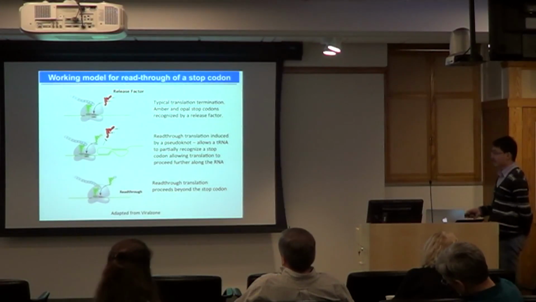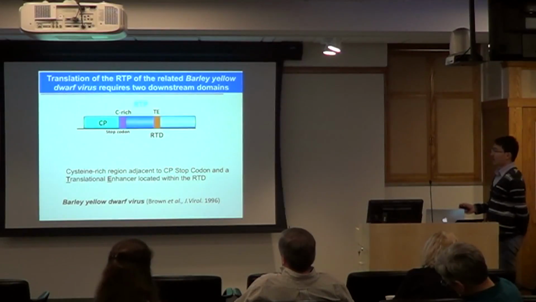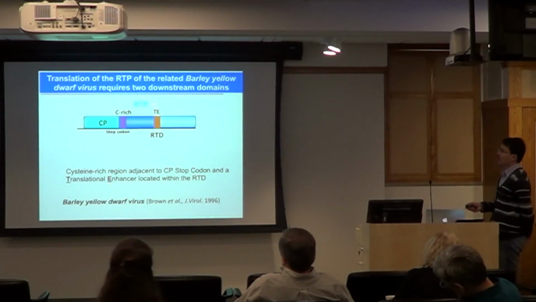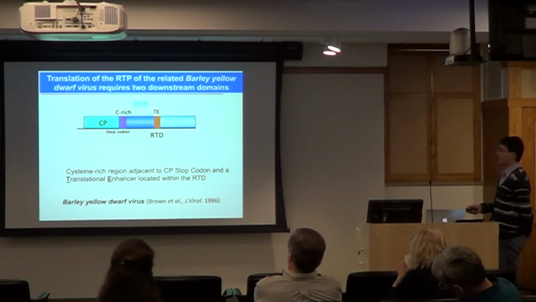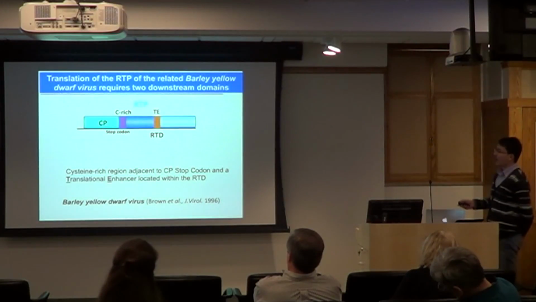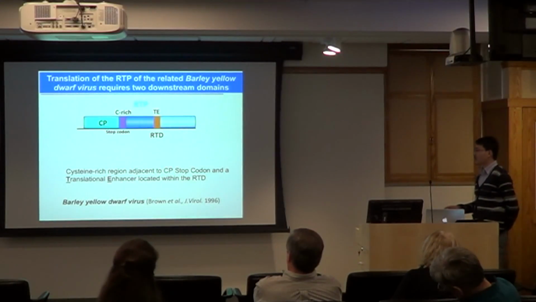A previous work 20 years ago, using a related virus, barley yellow dwarf virus, found that there are two domains, the cysteine-rich region adjacent to the CP stop codon and a translational enhancer located within the RTD domain, that are very important for read-through translation.